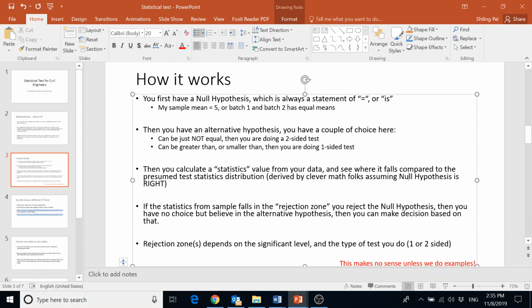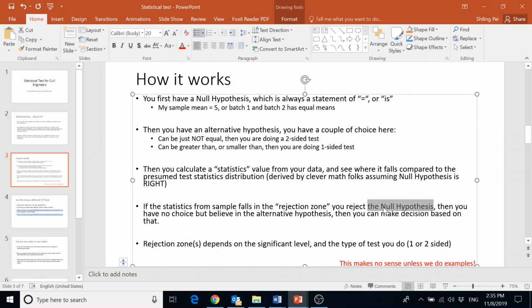Now, here's the funny part. You have an assumed distribution, and then you have a value actually calculated from your data. So you see where your actually calculated value from the data will fall when compared to this distribution. If your sample calculated statistic falls in what they call the rejection zone, then it is highly unlikely your null hypothesis is right, because your distribution says most of the data is going to be in this region, but your sample calculated value is in the tail.